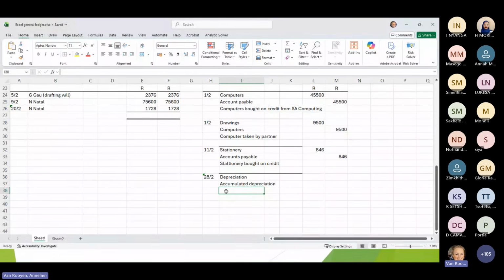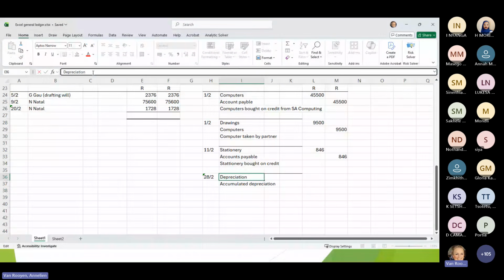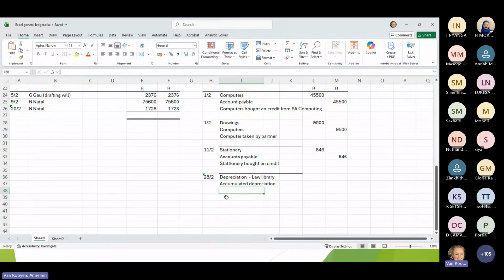I want us to work from the journal so that you can see where we do the calculation. I'm going to say law library depreciation.